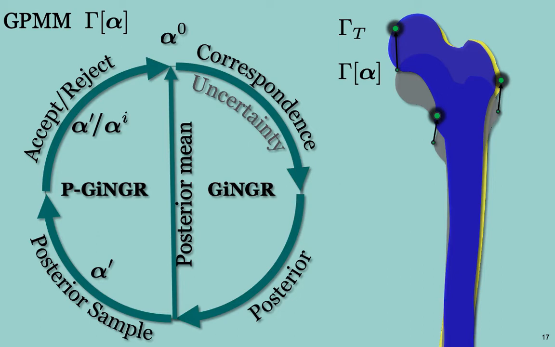What we see now is that both P-Ginger and Ginger rely on some common properties, which it turned out that a lot of existing algorithms published in the last 20 years implicitly follow as well. By describing existing algorithms in the Ginger framework, we can directly make them probabilistic in comparison to their deterministic nature.